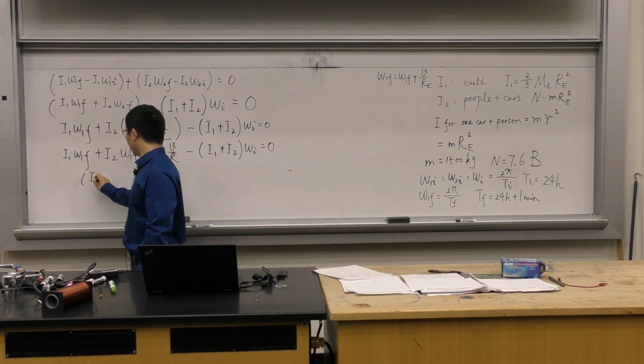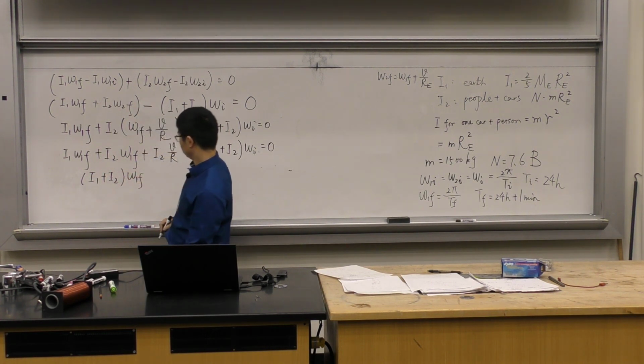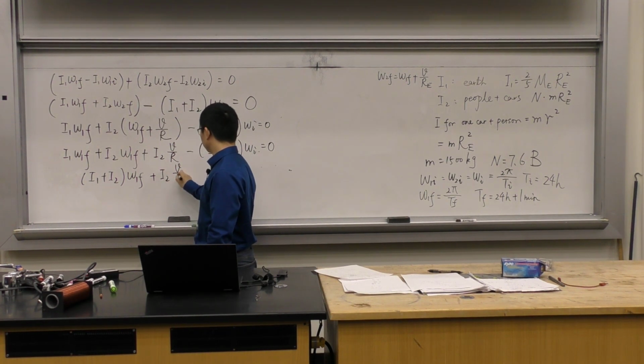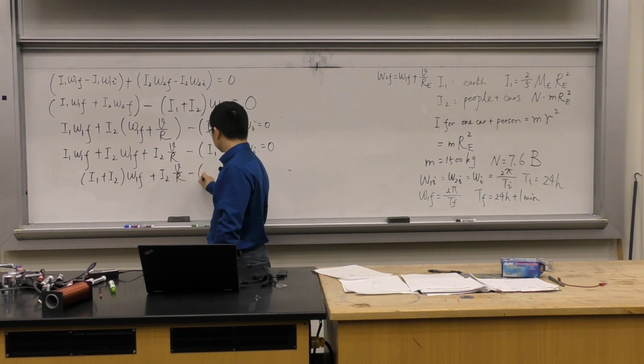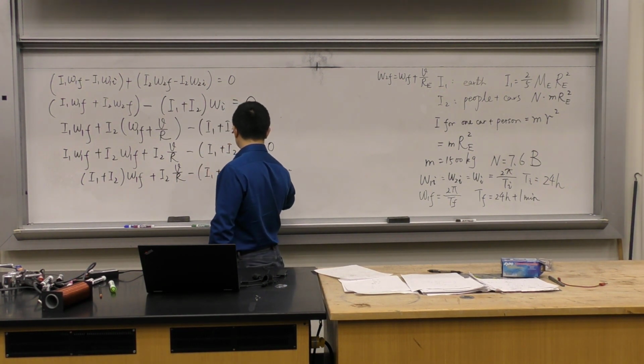I would get I1 plus I2 omega 1f, right, plus I2 v R over R minus I1 plus I2 omega i.